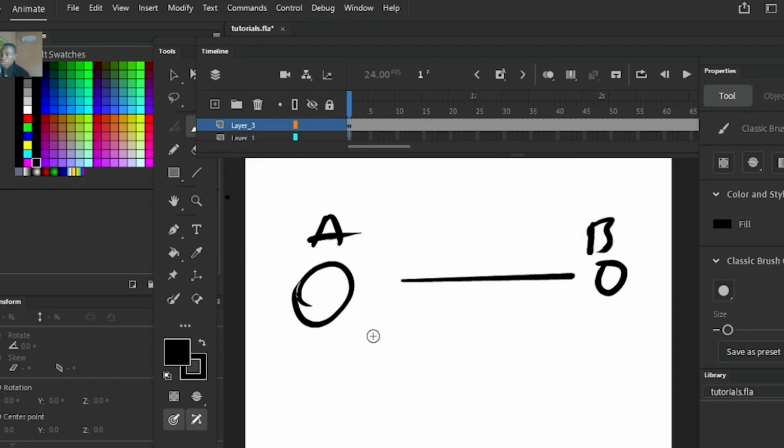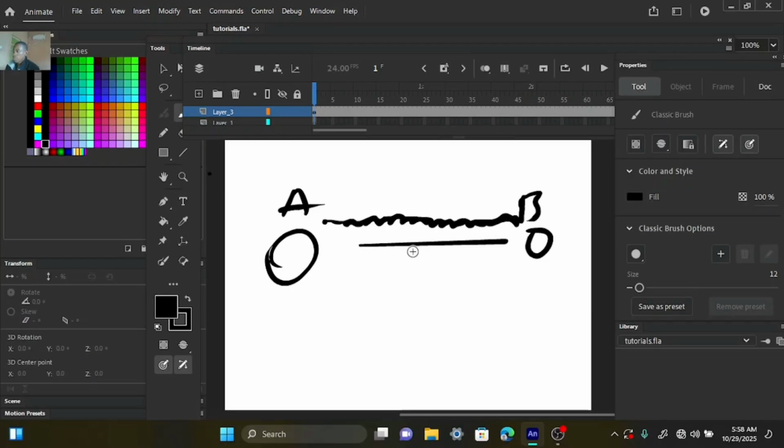But being a good animator means you need to show how this object moves from point A to point B, which means there are spaces that need to be filled. Calculating this distance, there are time frames that need to be added from here to here.